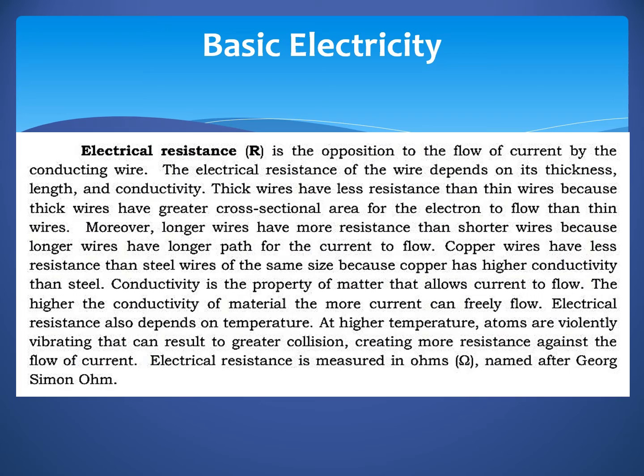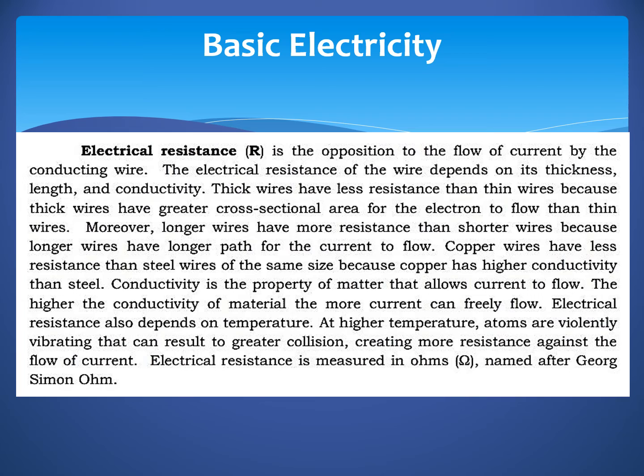Copper wires have less resistance than steel wires for the same size because copper has higher conductivity than steel. Conductivity is the property of matter that allows current to flow. The higher the conductivity of a material, the more current can freely flow.